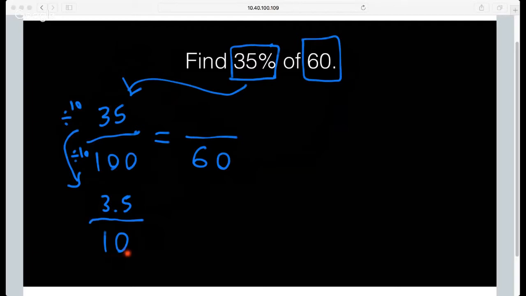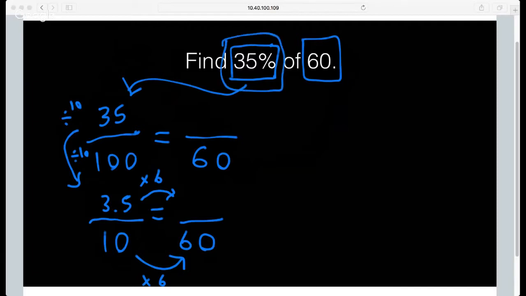But this is helpful because now, if I draw the rest of our proportion, I know how to go from 10 to 6. So 10 to 6 is 10 times 6. That means I just need to multiply this by 6 as well, and I'll find out what the part of 60 is. That is 35%. So 3.5 times 6.